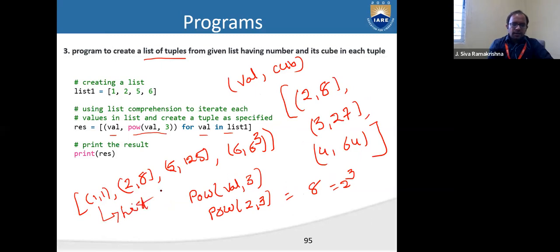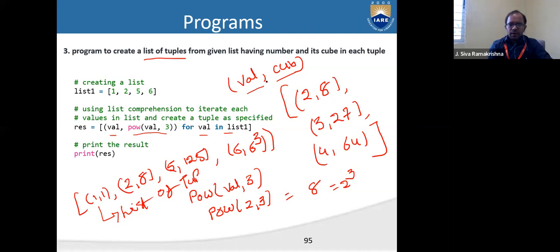So what we are doing here, you have given an original list. Say this is the list. From this, you are asked to compute power of each value, and you need to reframe this list as a combination of the value and its cube.